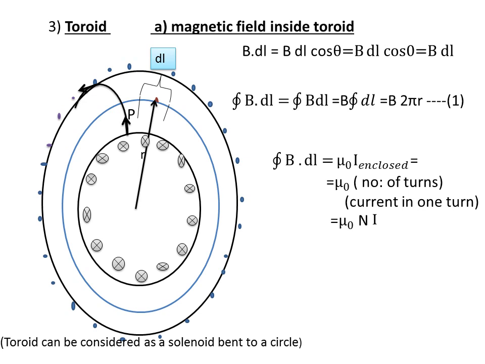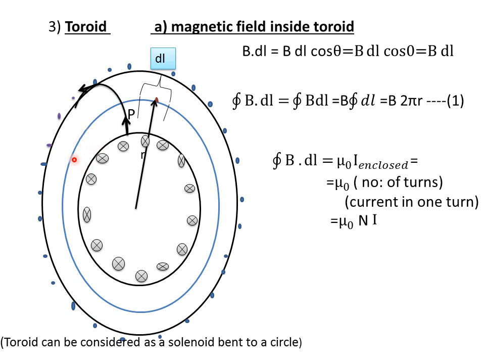Now we are going to substitute this in Ampere's circuital law. Integral B dot dl is equal to mu 0 into I enclosed. Here we can see that only half of the turn is inside the Amperian loop. For all the half turns we consider here, current will be going in the same direction.